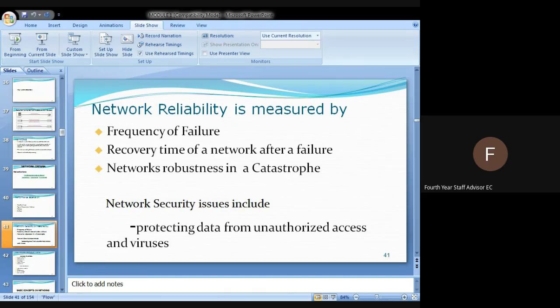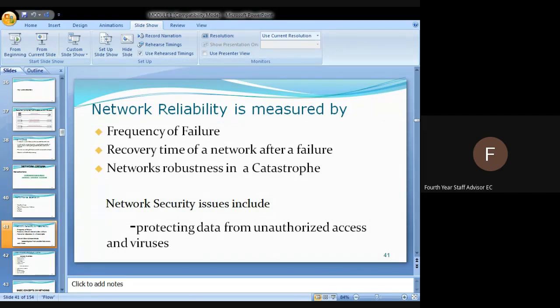Now, the third thing is its robustness in a catastrophe. Catastrophe means a sudden damage, like an earthquake or a fire. Whatever happens suddenly is called a catastrophe. Now, how robust is a network against all these attacks? So reliability is a parameter for that.